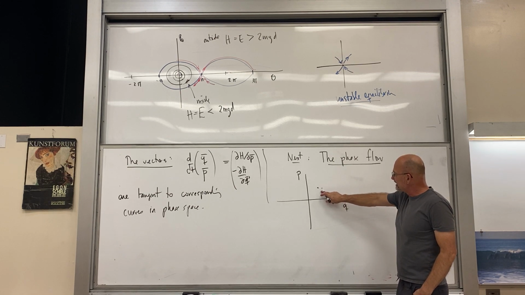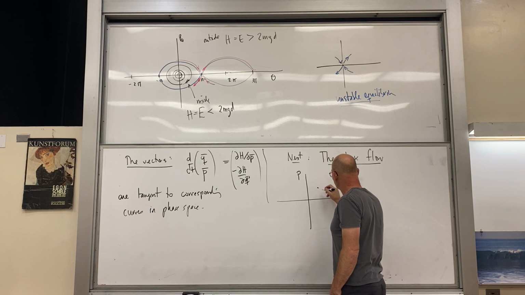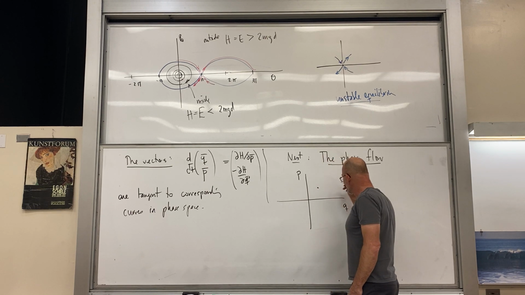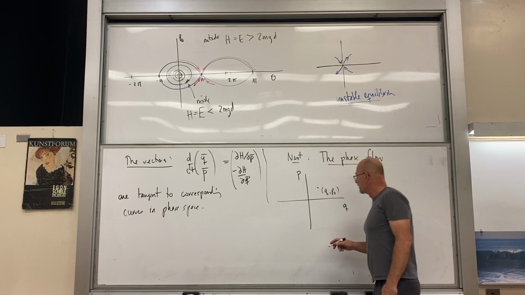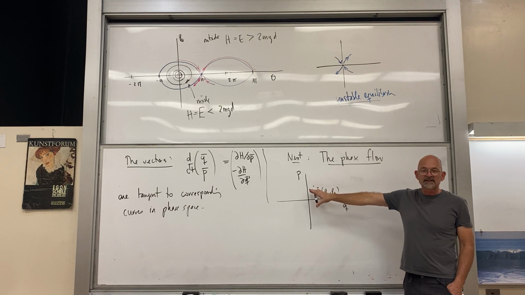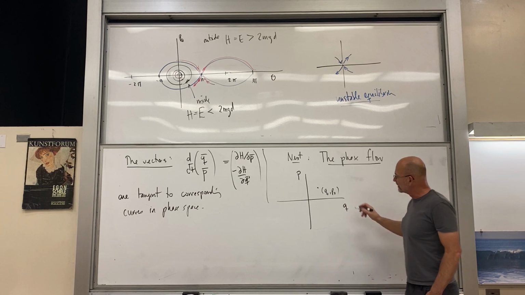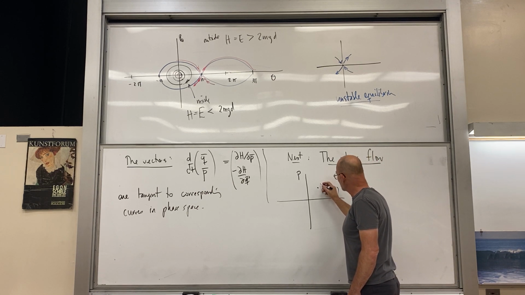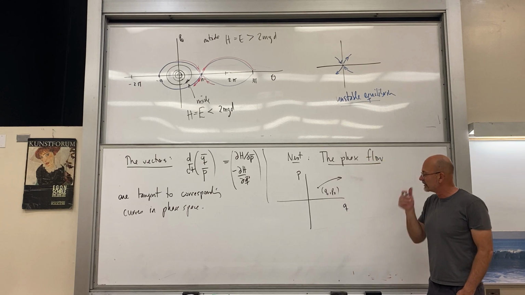So if you treat this as an initial condition Q0, P0. Okay, so we've got this point Q0, P0. Then the solution that belongs to that initial condition is called the phase flow. So I'm just going to have it, for the sake of argument, going off in that direction next.